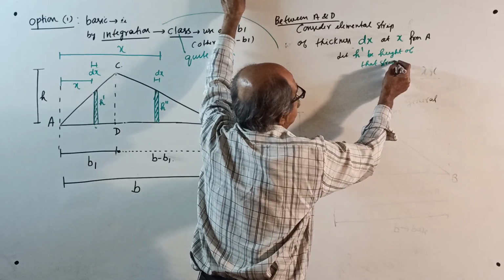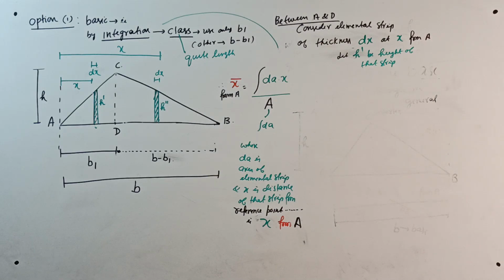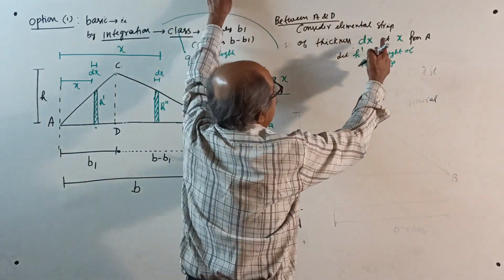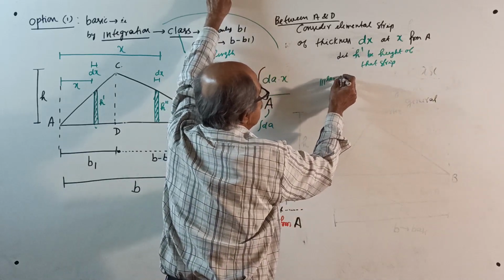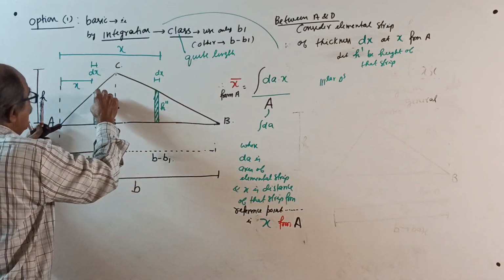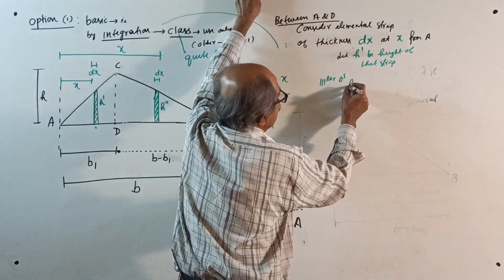One minute. Check the camera. I have gone too much to the upper side. Hope it's not gone. Okay, no problem. Let h dash be the height of the strip. Now see, I told you that you should get h dash in terms of x. From similar triangles, h dash divided by x. If this is not clear, don't come to my class.